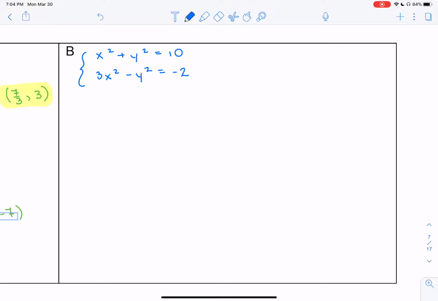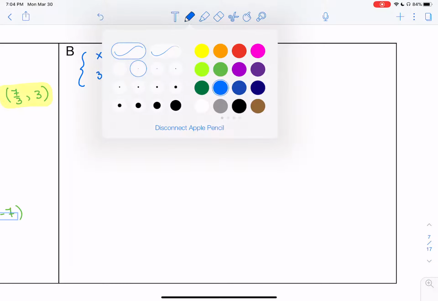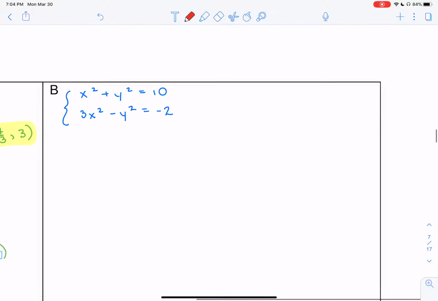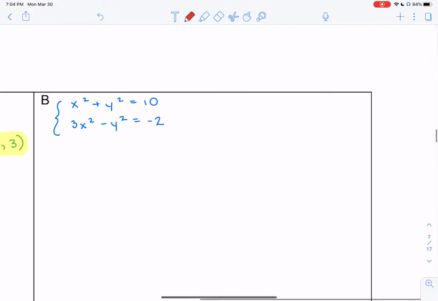All right, now you're not going to be quizzed on what this looks like, but I know I have some very visual students, so I'm just going to sketch for you off to the side what those two equations would do. The first one, I'll make a red graph for you. It is a circle, okay? It's just a circle. It happens to have the radius of square root 10.